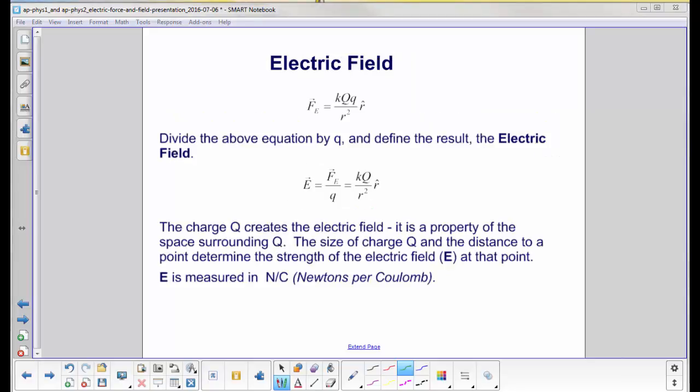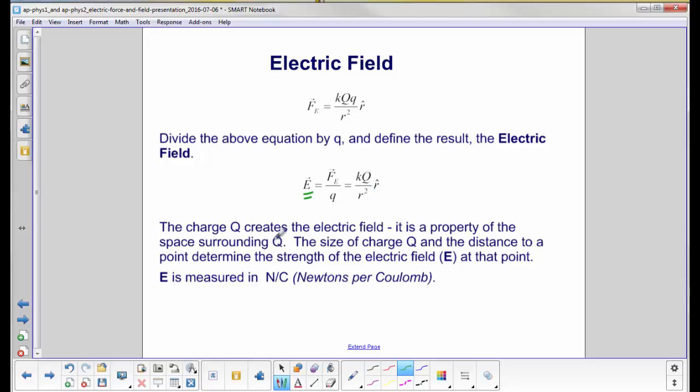We're now going to divide both sides of Coulomb's law by little q, and we will define the result as the electric field at that point in space. That point in space is a distance r from this large charge, and this tells you the direction it's at, r hat. And remember, the magnitude of this is 1. So the electric field is defined as kQ divided by r squared.